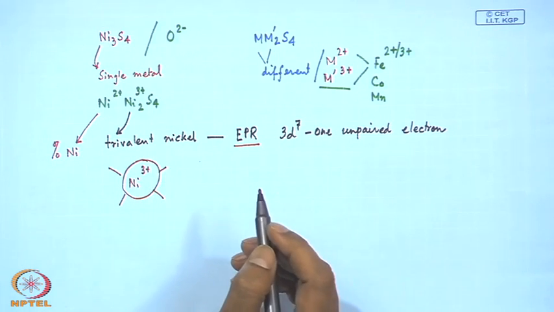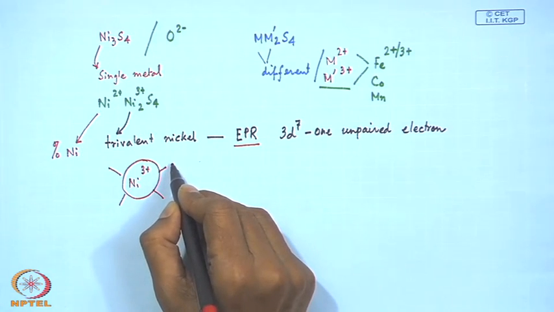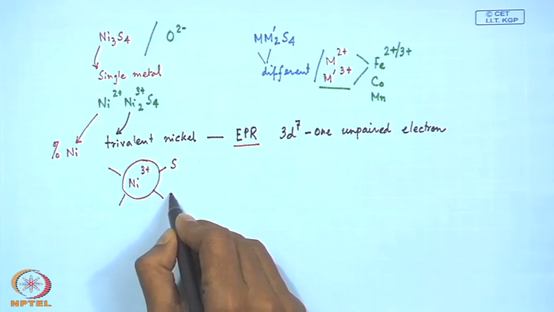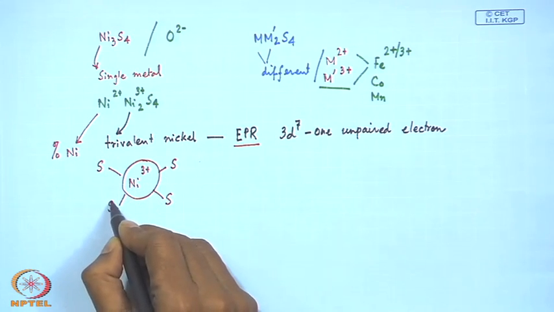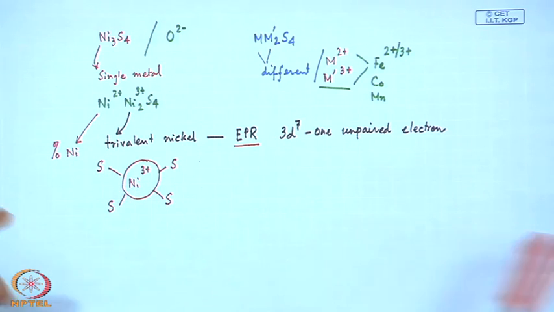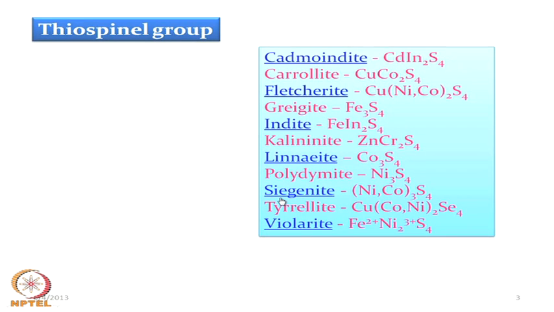It can be a thioether sulfur or it can be thiol sulfur. So, in a sulfur environment, this nickel can be stabilized in its trivalent state. So, after polydymite we can have siegenite. Siegenite again has nickel and cobalt present, and depending upon the corresponding oxidation state, if the nickel is in the bivalent state, we have two cobalt centers.